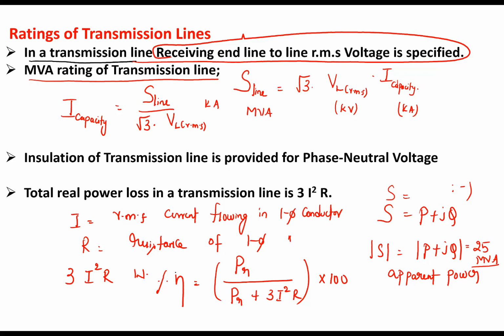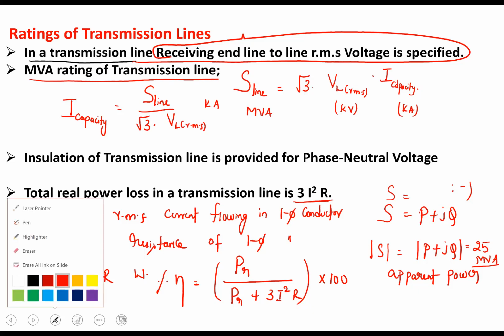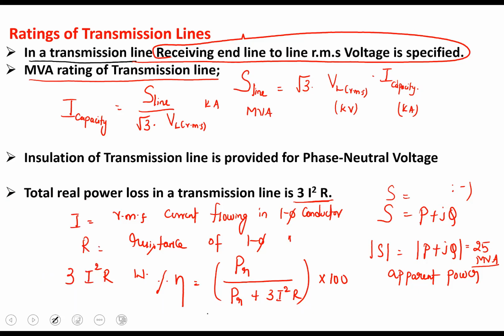The total real power loss is 3 times I squared R, where I is the RMS current flowing in one conductor and R is the series resistance of one conductor, since there are three conductors in a transmission line. The transmission efficiency is defined as receiving end power divided by receiving end power plus 3I squared R, into 100. This is the transmission efficiency.